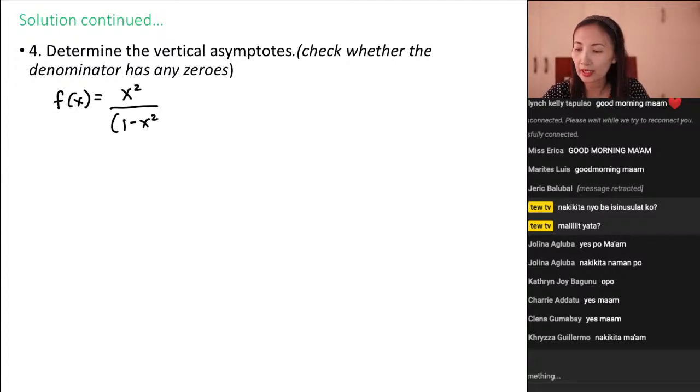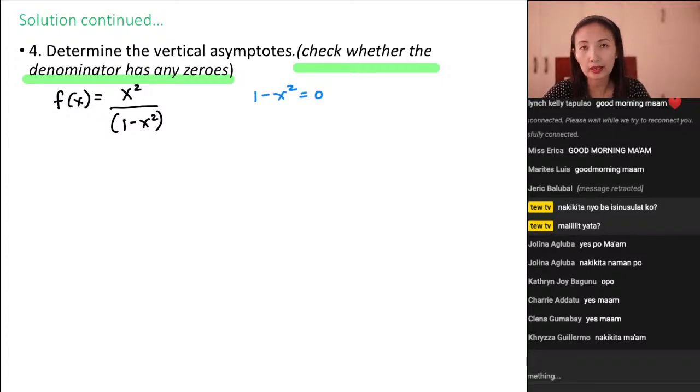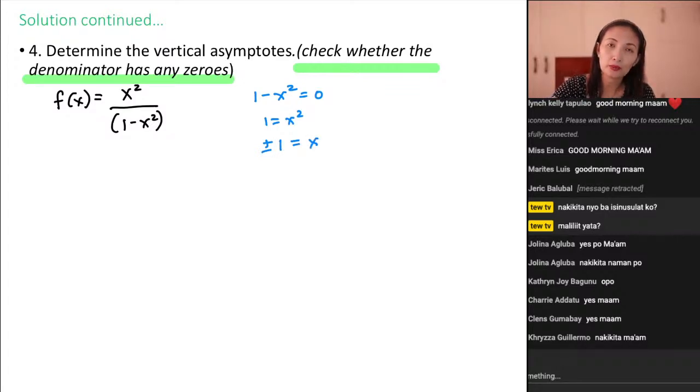We check whether the denominator has any zeros. So let's get the denominator, which is 1 minus x squared, and set it to 0. 1 equal to x squared gives positive and negative 1 as x values. So here we have two values that will make the denominator 0.